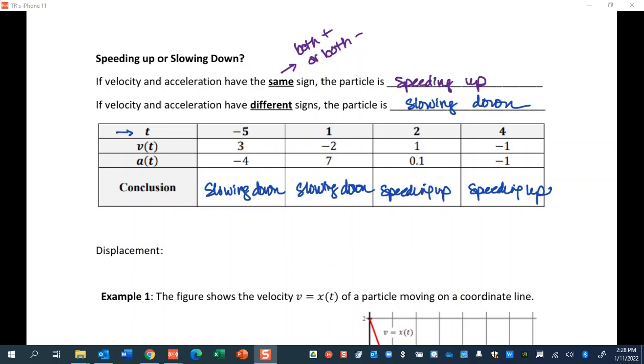So if my velocity is 0, it's falling. If my acceleration is 7, that means it's going down at an increasing rate.